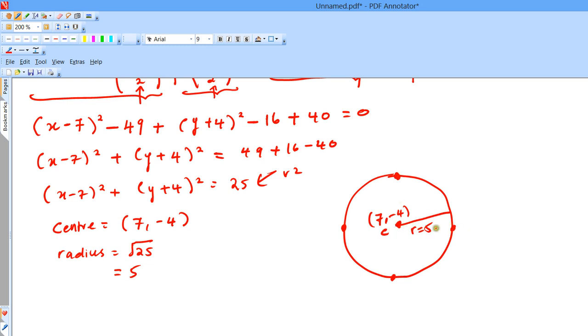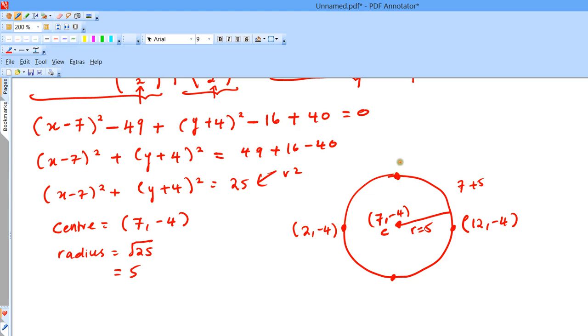If we move to the right, 7 plus 5, we get (12, negative 4). Moving to the left, 7 minus 5, we get (2, negative 4).